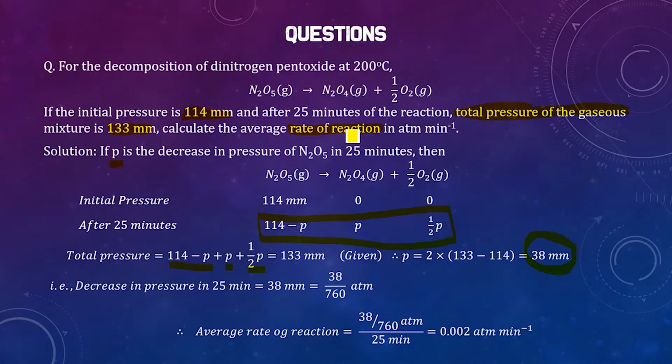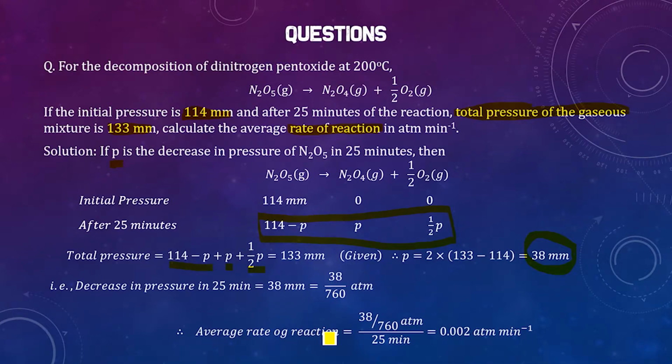So the change in pressure is 38 mm, but this is in mm, and you are supposed to answer it in atm. So we will convert this millimeter into atm by dividing by 760. So we have done 38 upon 760, and that is the decrease in pressure in atm we got.